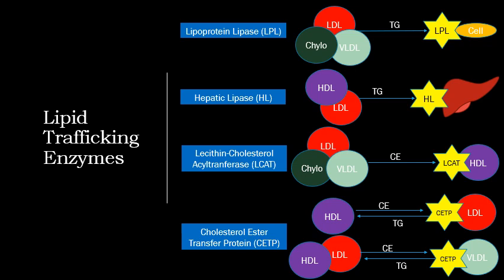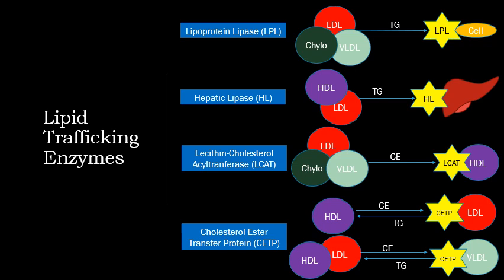Last, we have cholesterol ester transfer protein, or CETP for short. This enzyme performs trades. It exchanges one triglyceride for one cholesterol ester between two lipoproteins. Take a look at the slide and see which ones do the trading.